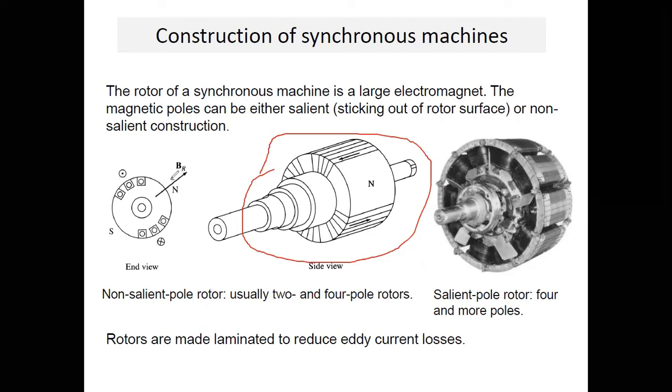Here we have the N pole, and on the opposite end we have the S pole. These are the dot notation and the cross notation. The windings are placed inside the slots, and through this we will have poles on the rotor winding. Let us move ahead.